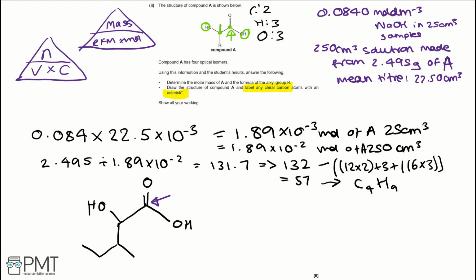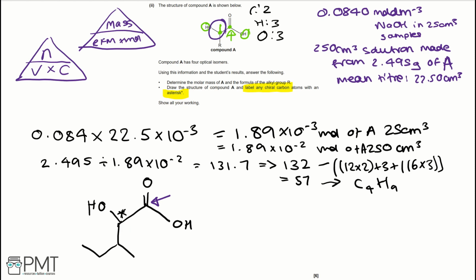Any carbon with a double bond cannot be a chiral carbon. So it's not this carbon. Moving along, this carbon has 3 groups that we can see, but it would also have a hydrogen, which we've established over here.